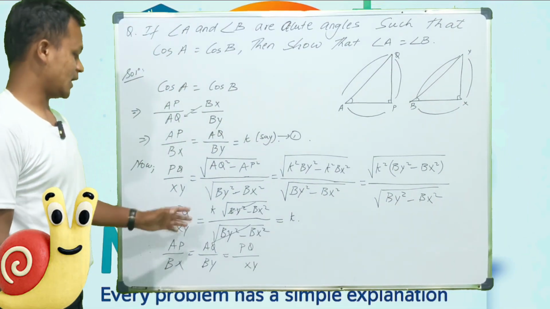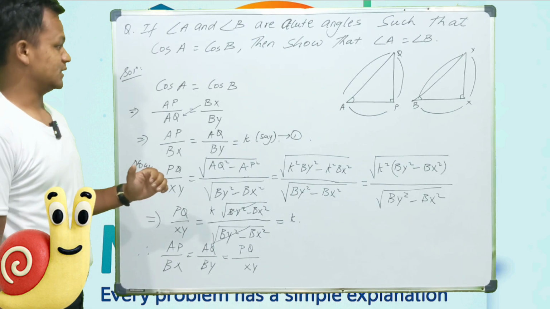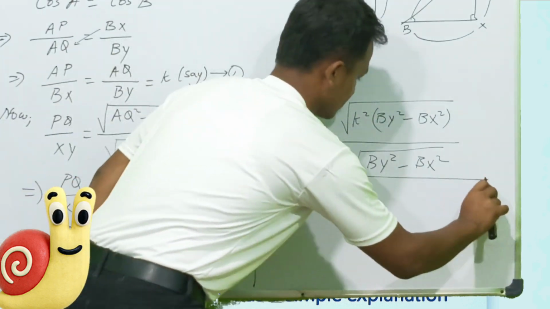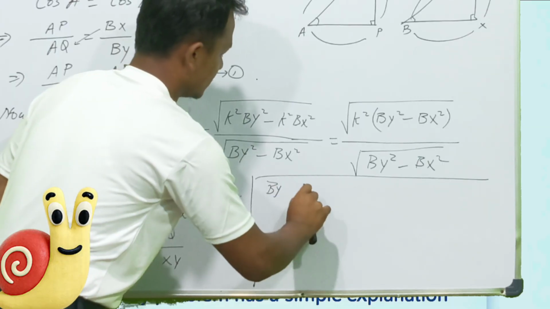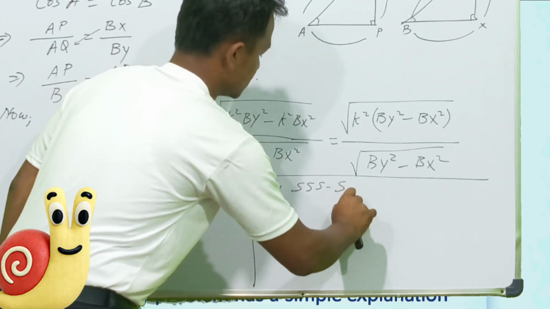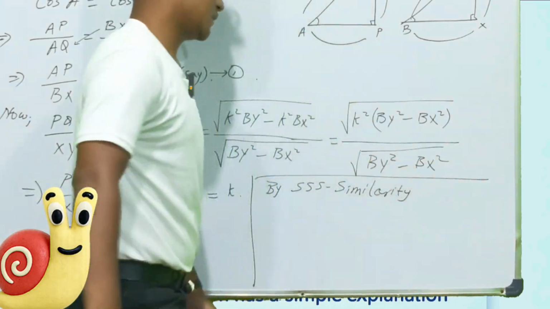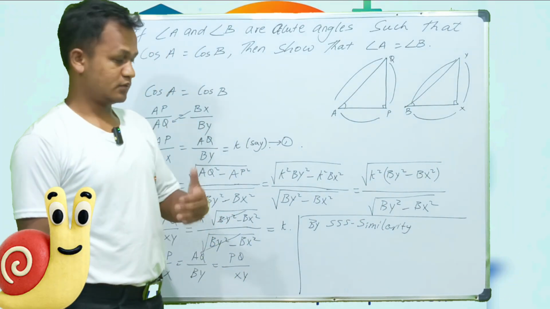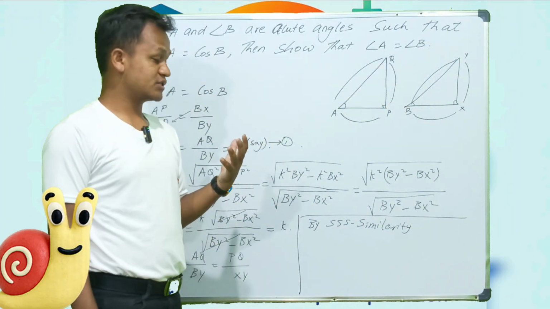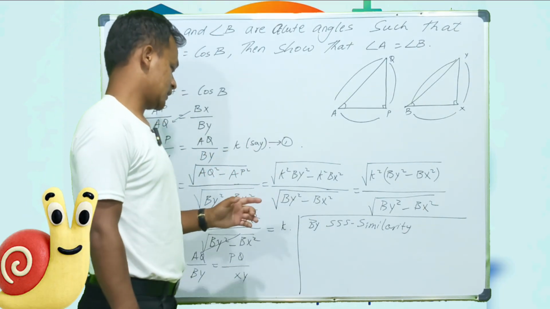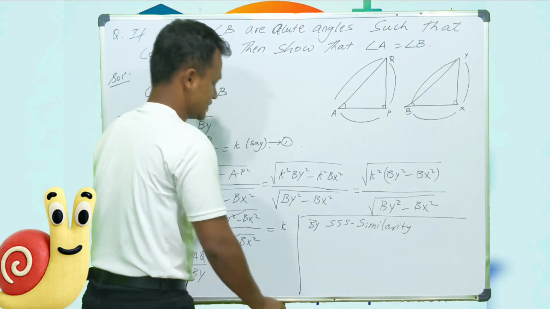Then we can say that by SSS similarity, that is the one that we have applied from the previous chapter, chapter 6. We applied the theorem which is in chapter 6. And by SSS similarity, what can we say?